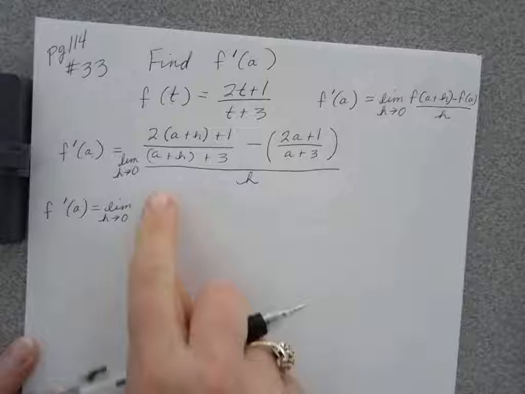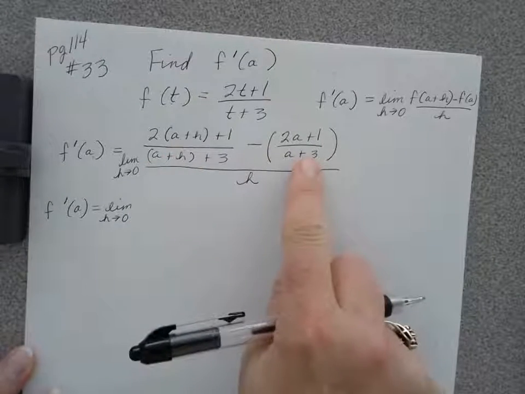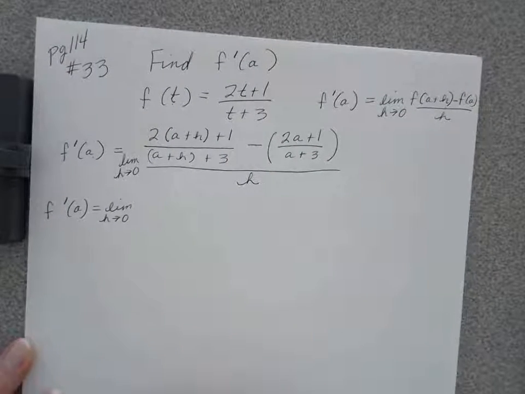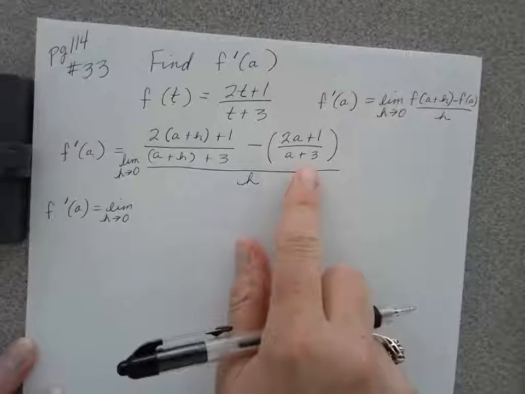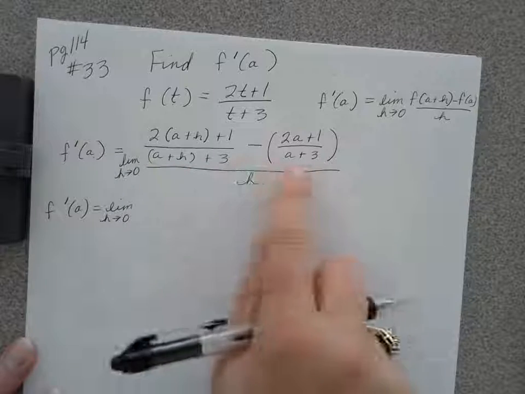Okay, so in the numerator, I'm subtracting two fractions. So what do I have to have in order to subtract two fractions? Common denominator. So how do I find a common denominator here? Multiply them together.